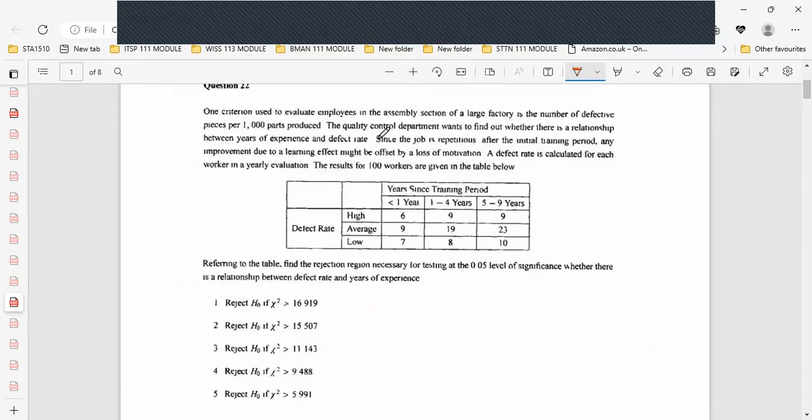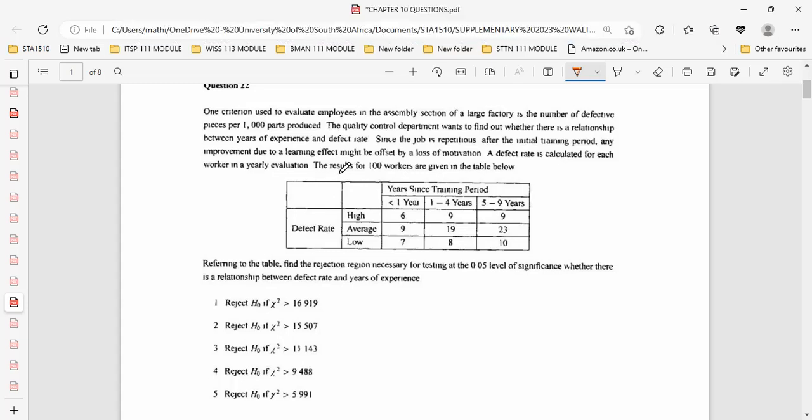The quality control department wants to find whether there's a relationship between the years of experience and defect rate. Since the job is repetitious, after the initial training period, any improvement due to a learning effect might be offset by a loss of motivation. A defect rate is calculated for each worker in a yearly evaluation. The results for 100 workers are given below.